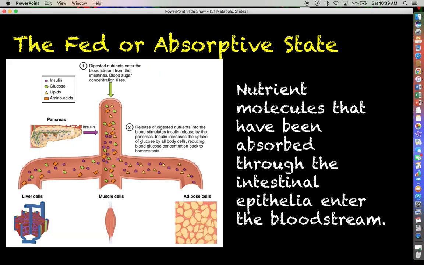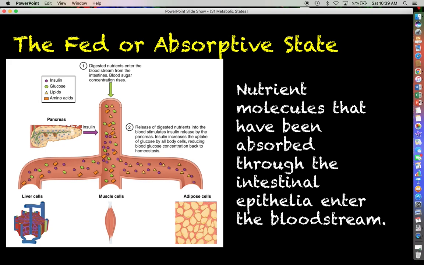Okay, so you can see from this picture from your book that first, any food that you have digested and absorbed is going to enter the bloodstream from the intestines because, don't forget, the intestines have a very thin layer of epithelia that your food molecules have to be actively transported across. We talked about that in a previous video.